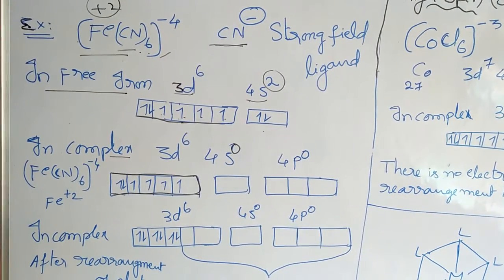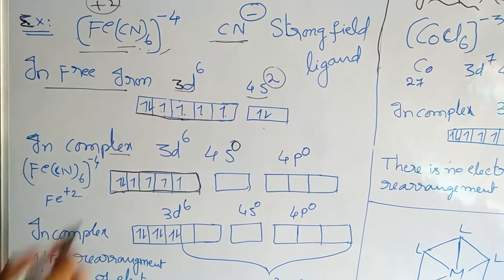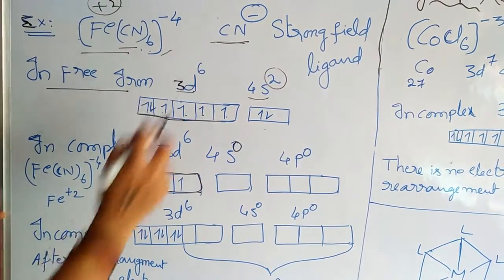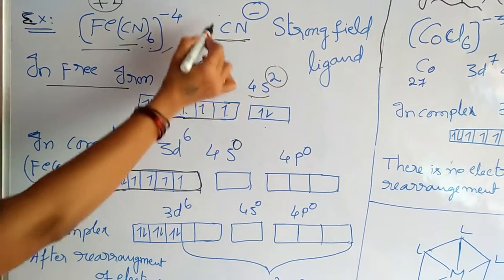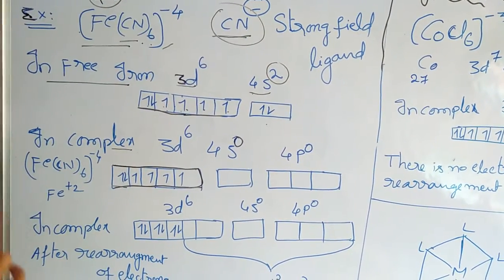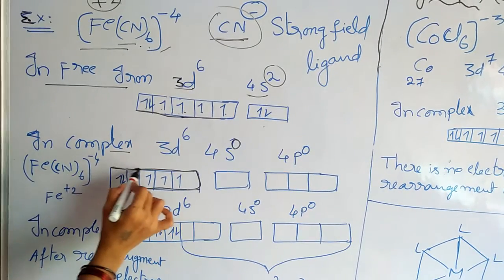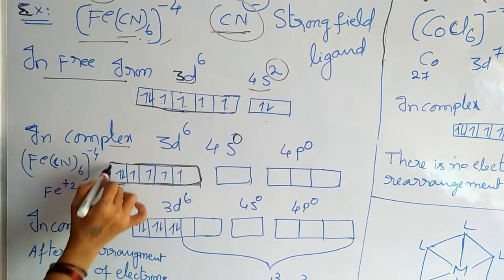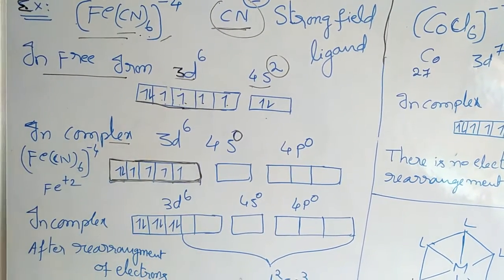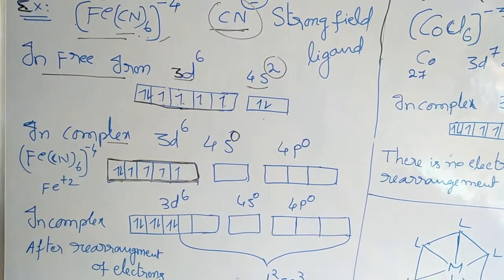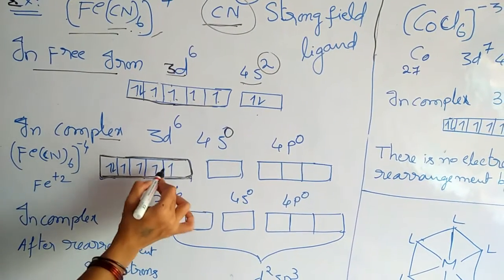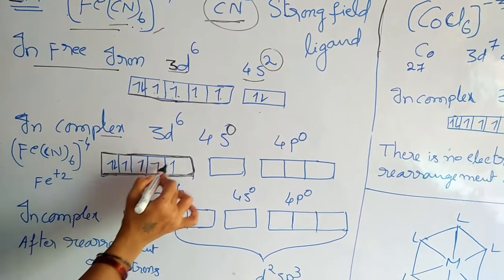The repulsive forces between the ligand electrons and the metal d electrons increase more and more, so d electron rearrangement takes place.